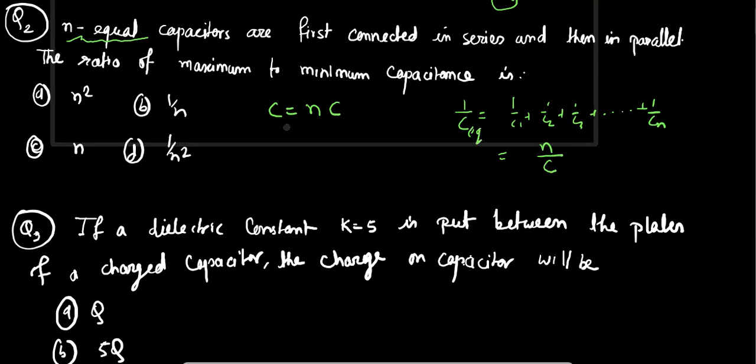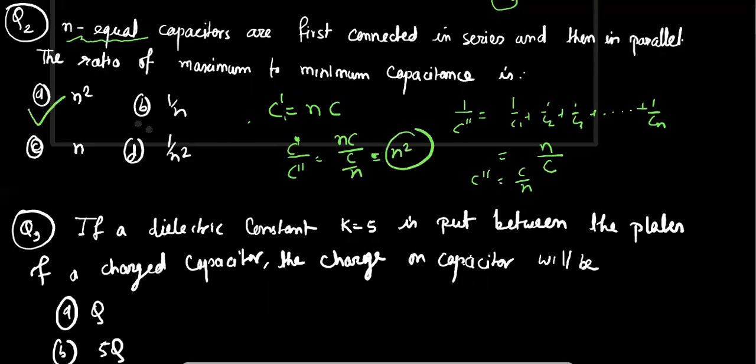Suppose this equivalent is C dash, and this one is C double dash. From here we can find the value of C double dash, which is equal to C by n. Now we have to find the ratio of these two. So C dash by C double dash will make nC by C by n, which is equal to n square. So our answer is the correct option.